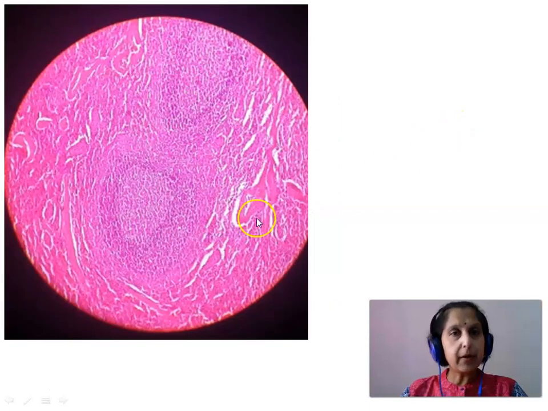A high power view shows us the white pulp seen as lymphoid aggregations with a germinal center and with eccentrically placed arteriole. This is surrounded by the red pulp.